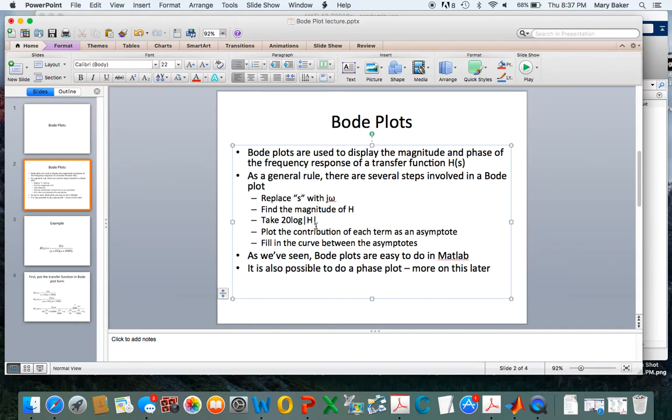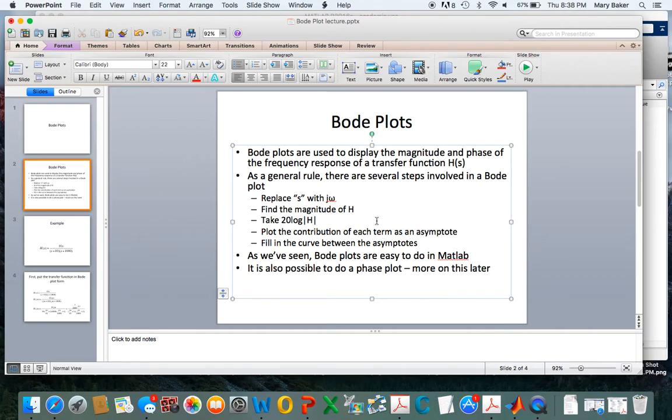It changes products in a transfer function into a sum of terms. The other thing it does is it transforms things that change over orders of magnitude to become more linear, because when we take the log, each order of magnitude is represented by 1, 2, 3, and so on.